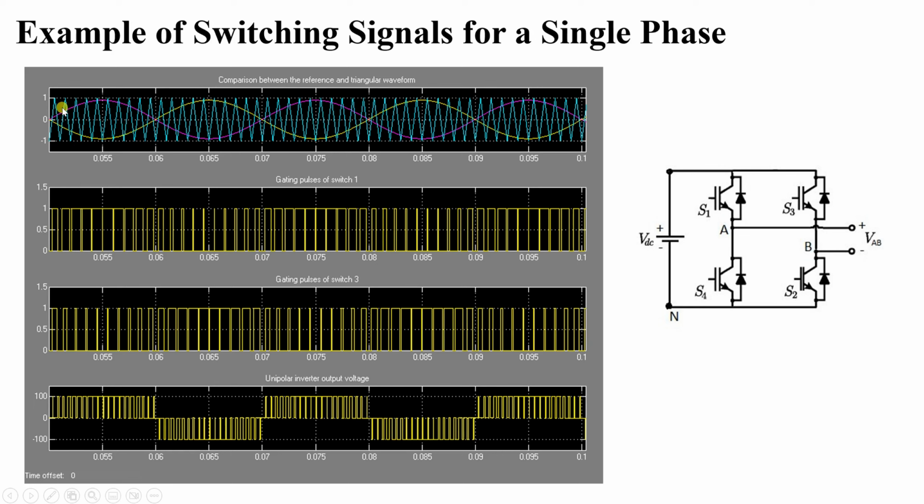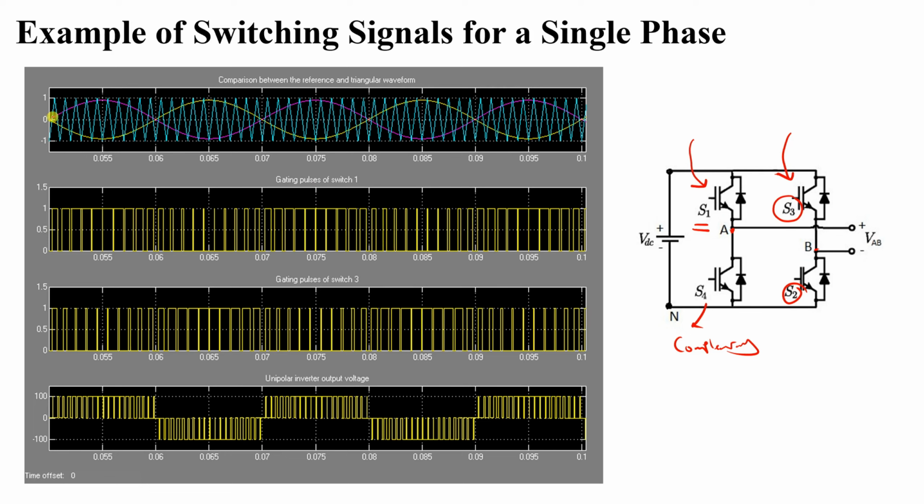By comparing each of these waves, we have the gate signals. We are controlling S1 for A, and for B we are controlling S3. By knowing S1, S4 will be the complementary of A, and S2 will be the complementary of S3.